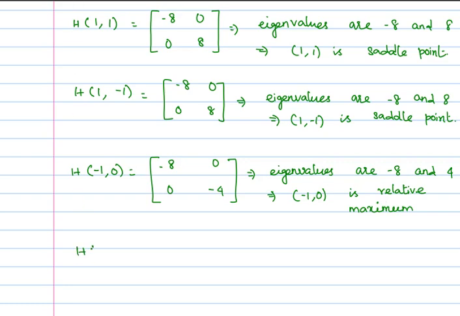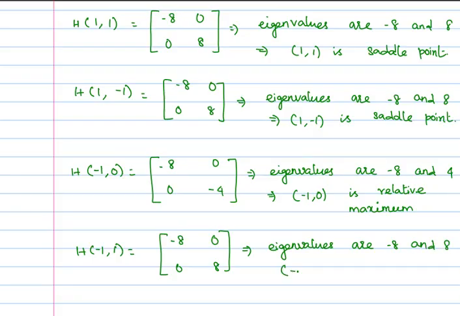H of minus 1 comma 1, minus 8, 0, 0 and 8. So clearly eigenvalues are minus 8 and plus 8. So minus 1 comma 1 is a saddle point.